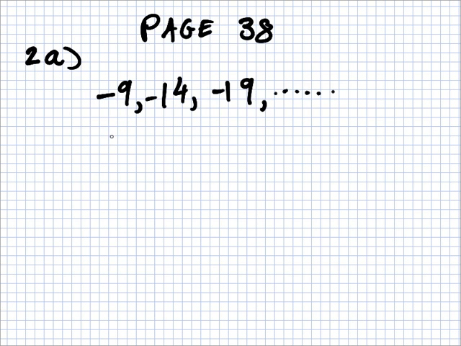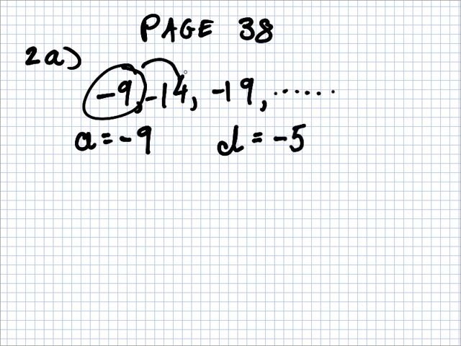I think this is it, isn't it? Yes. So what's the a here? Well, it's minus 9, because that's the one you start at. And the d, what's that? Minus 5, because you're minusing 5 each time.